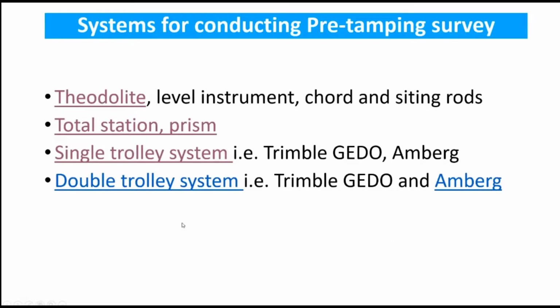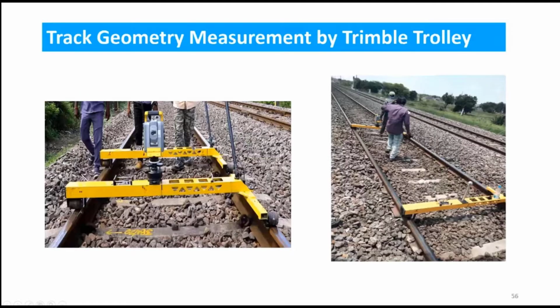Then we have the double trolley system or twin trolley system. Like this, one trolley will be the total station trolley, the other trolley will be the prism trolley. You can see the prism, and here it is the total station.